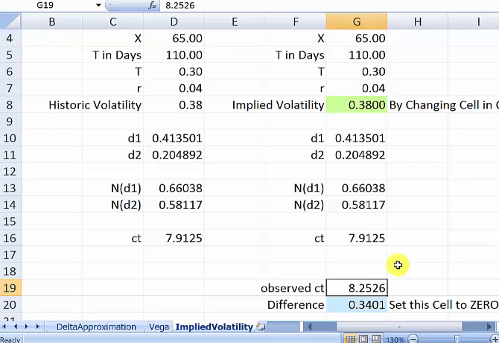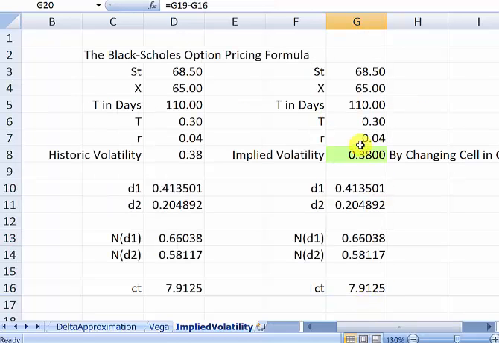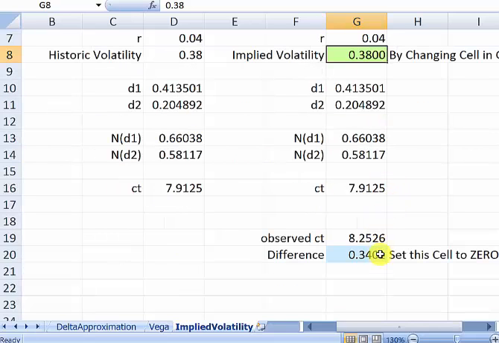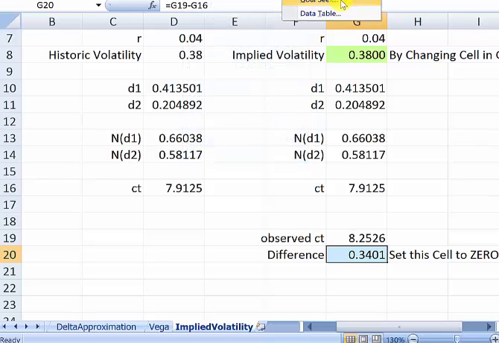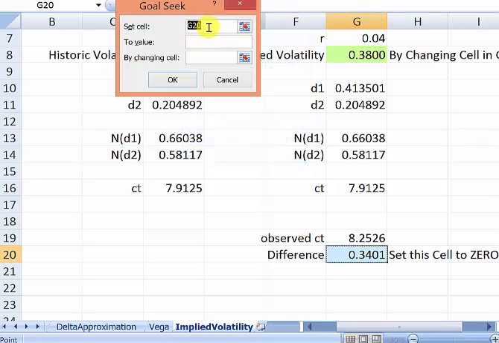There's a 34 cents difference between the theoretical price and the observed price. And then we can ask what kind of volatility value we can use to get this observed option price. So we go to Data in Excel, choose What-If Analysis, choose Goal Seek.